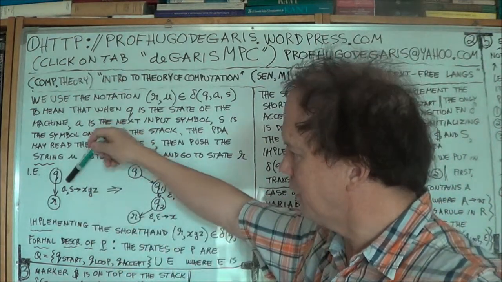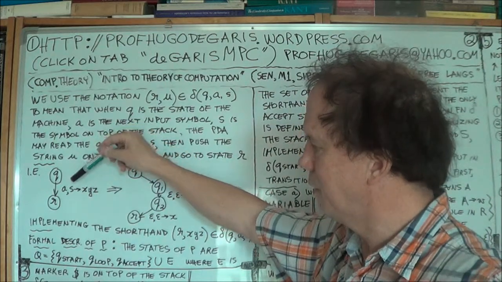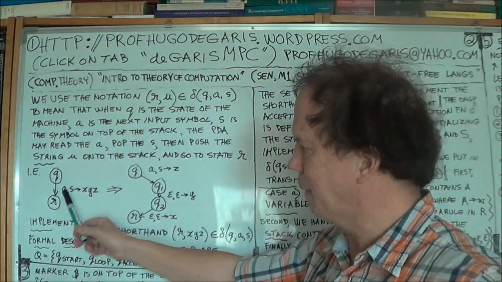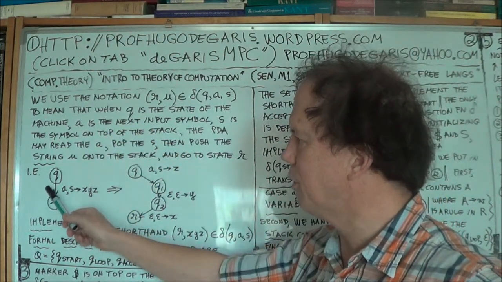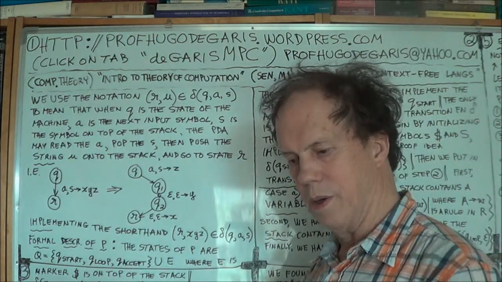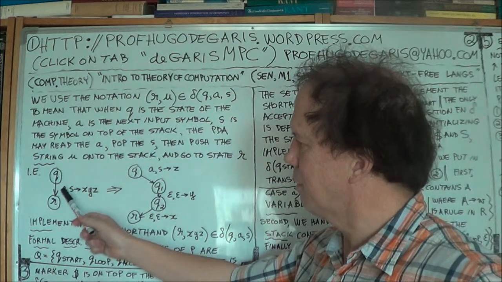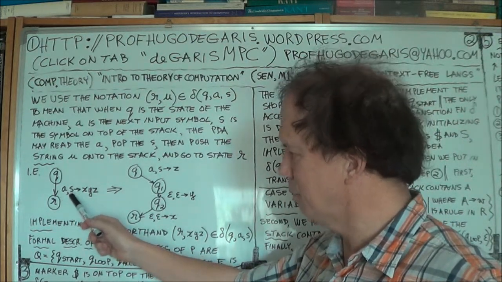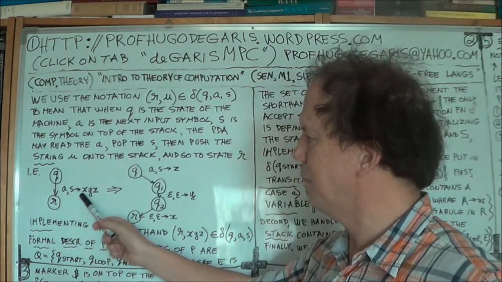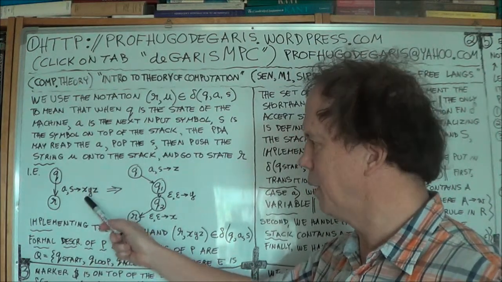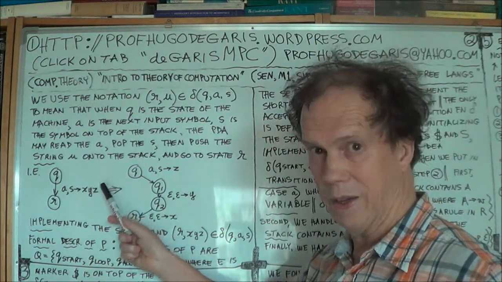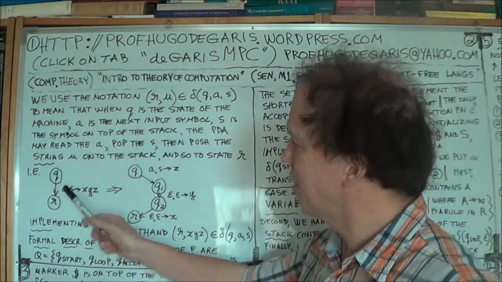Now remember from previous sessions, the label for the transition for a non-deterministic PDA is some symbol, comma, symbol, arrow, symbol. That's what we had. But now the third symbol here is actually a string of symbols.